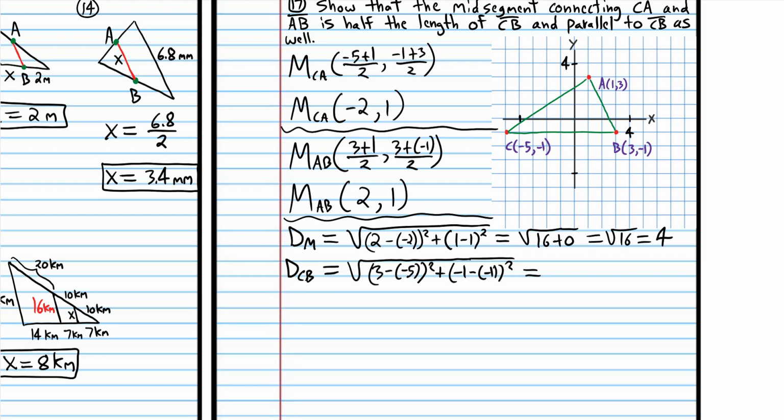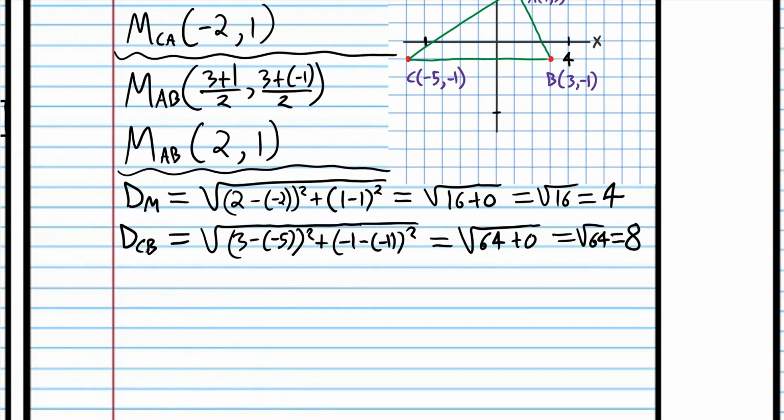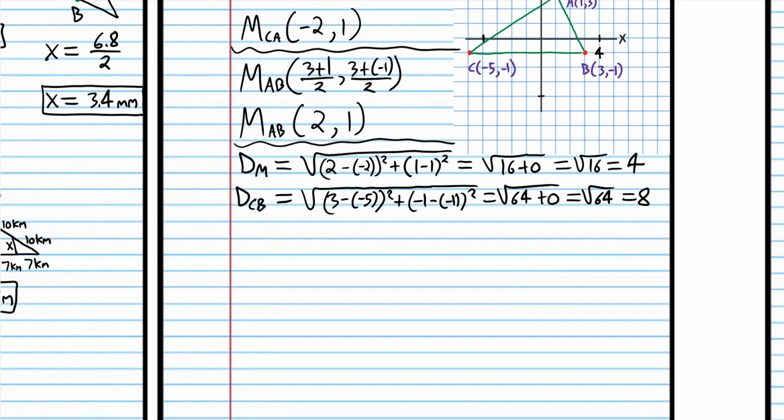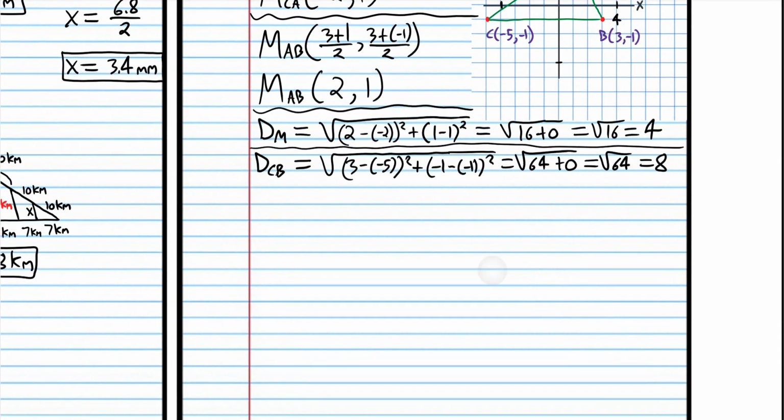And simplifying, we have root 64 plus 0, which simplifies to root 64, which is 8. So you can see that that length is double. So we proved the non-included side is double the midsegment length.